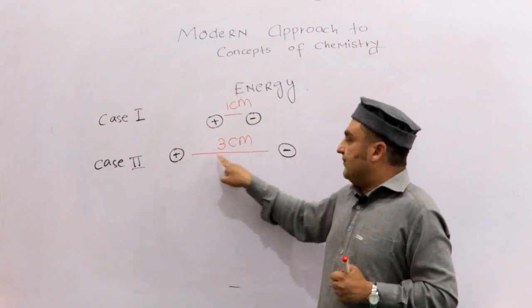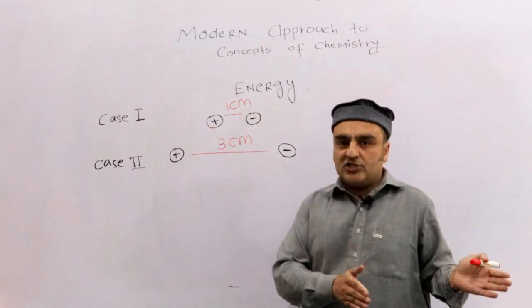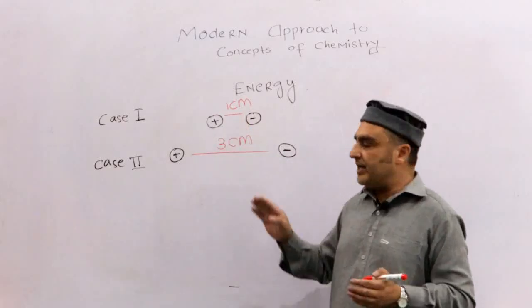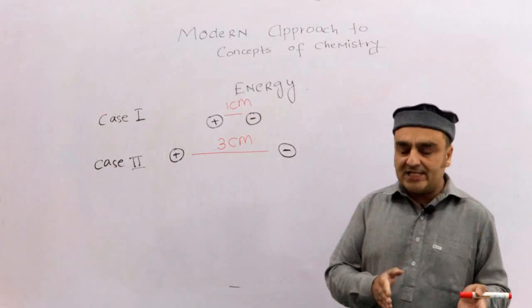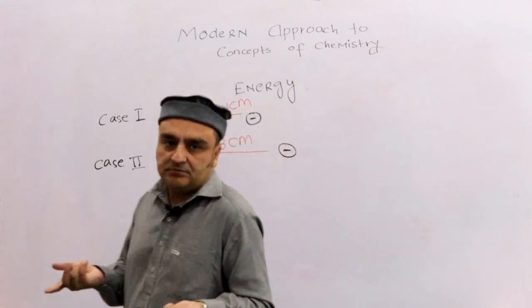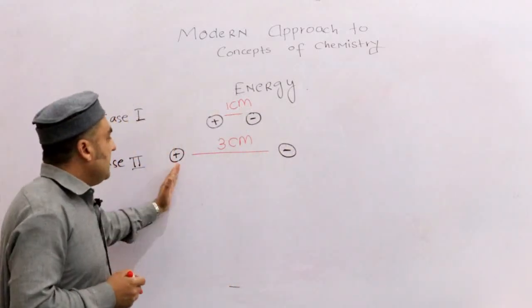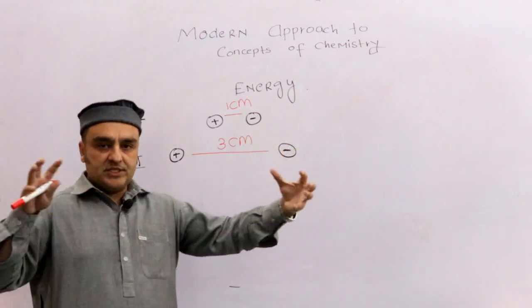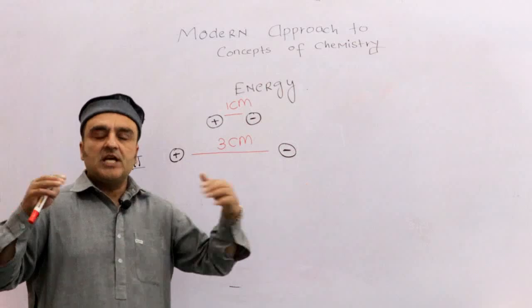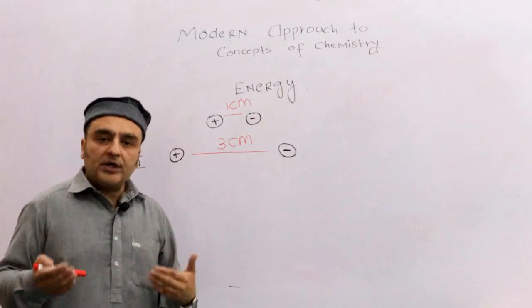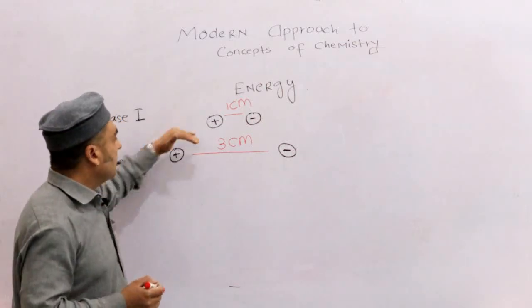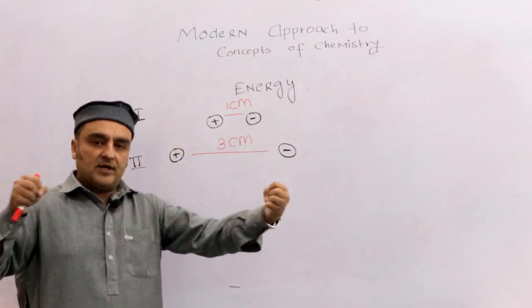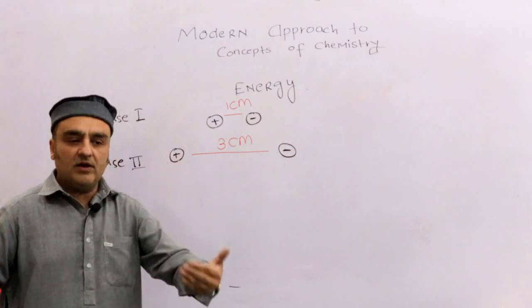In the first case it was 1 centimeter, and in the second case it is 3 centimeters. When you applied force, the distance between them increased, so you did some work on those charges and pulled them apart from each other.